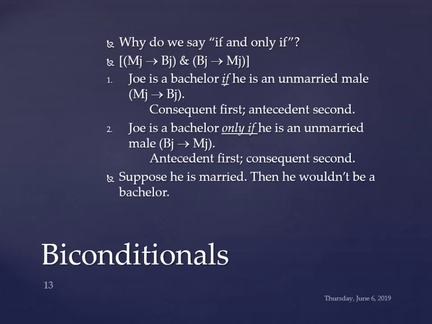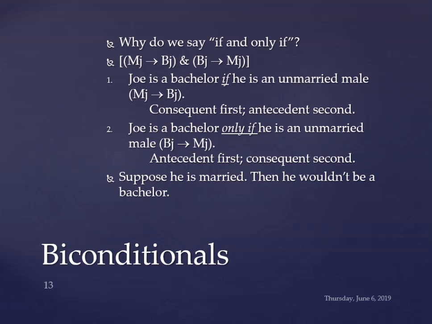This is just a funny thing, a weird thing about the way conditionals work. Usually the antecedent's job is to name a condition that is sufficient for the consequent, and the consequent's job is to name a condition that is necessary for the truth of the antecedent.